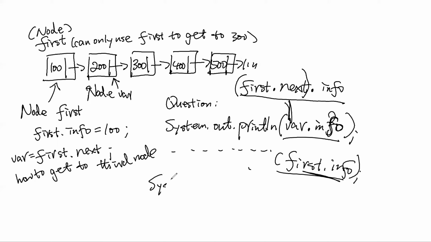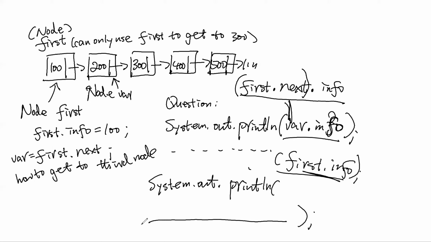So I'm going to write System.out.println, println what? Anyone knows the answer? You use the first. Can you use .next? Yeah, of course.